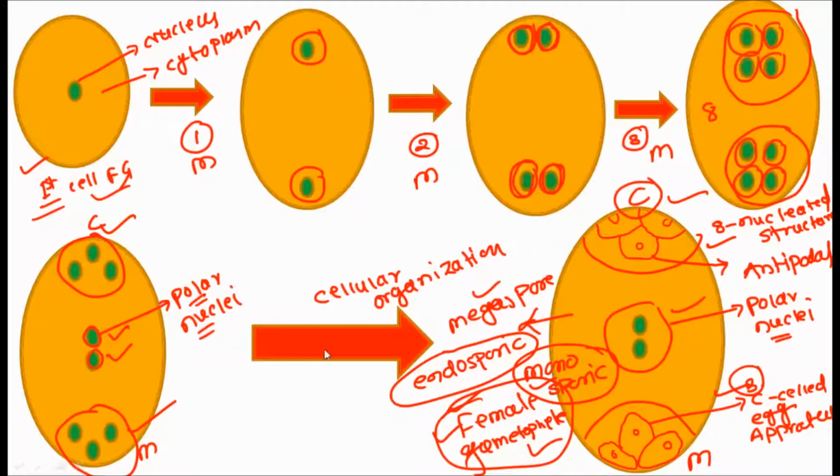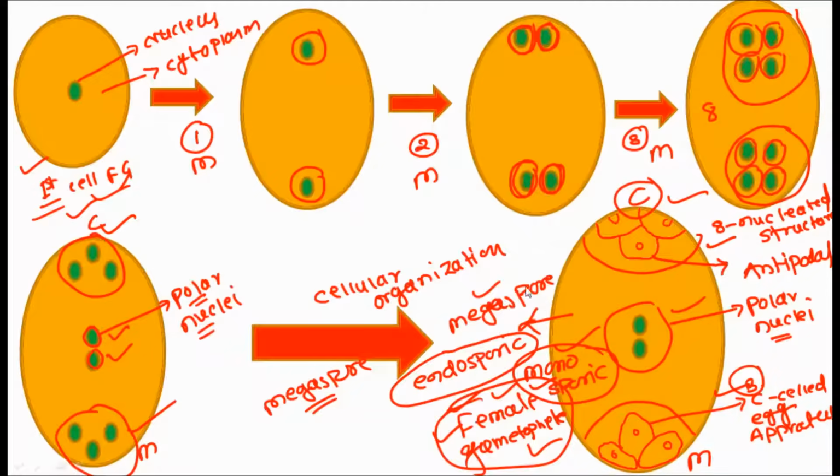Now there are some exceptional cases in which more than one megaspore takes part to form the female gametophyte. Such a female gametophyte may be called bisporic or tetrasporic. But in this case, only one megaspore takes part, and that is why we call it monosporic.